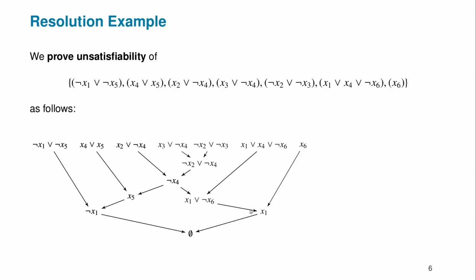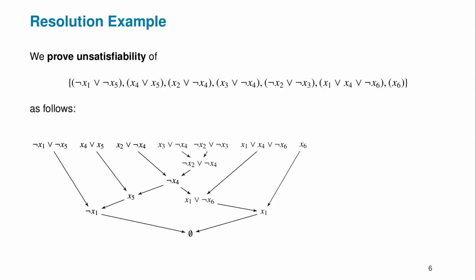Yeah, it might be tricky to find the proof, but if the formula is unsatisfiable, we will always find a proof showing unsatisfiability. If the formula is satisfiable, then we will not find an empty clause, and although there are a lot of possibilities to build resolvents, at some point we have done all possible applications of the resolution rule.